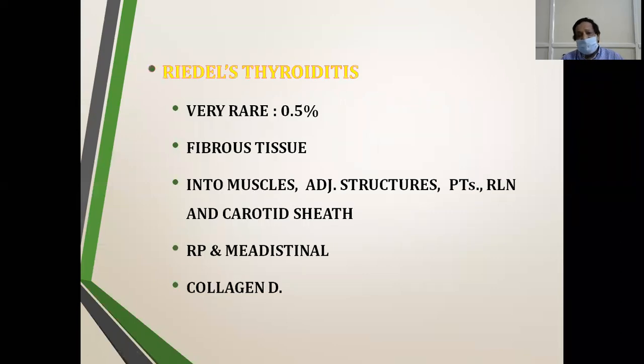Riedel's thyroiditis is very rare, 0.5% of all cases. So don't diagnose Riedel's thyroiditis clinically unless you are doubly sure, because you are doubly wrong if you diagnose it without taking proper care.